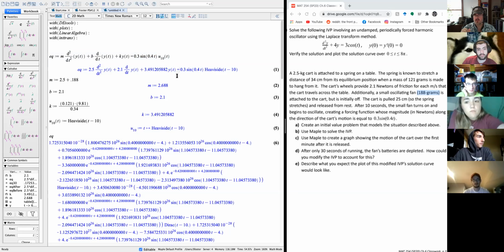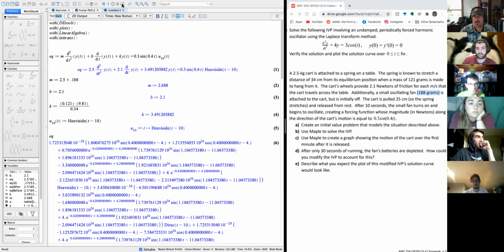And this thing is turned on and it starts behaving like whatever 0.3 sine of 0.4t would have been at that moment in time. As opposed to, and see if you can hear the difference, at t equals 10, the fan turns on and it immediately starts behaving like 0.3 times sine of 0.4 times whatever time you're at right then.